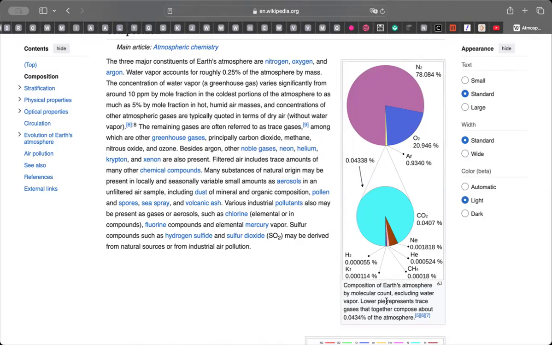This is a chart of what's in the air. Okay, so we have oxygen and nitrogen, and inside here, all this tiny, tiny sliver, it looks like argon, neon, helium, hydrogen. But you have carbon dioxide as well.